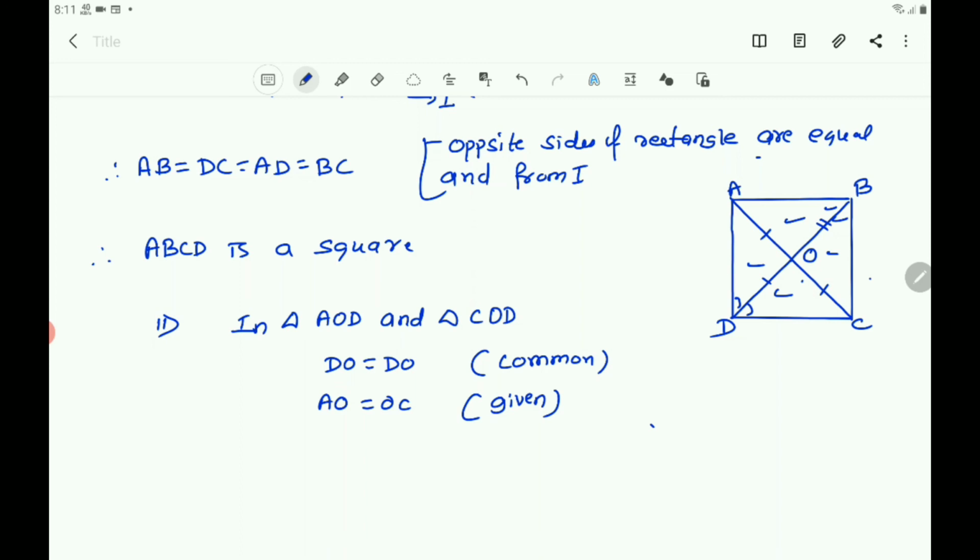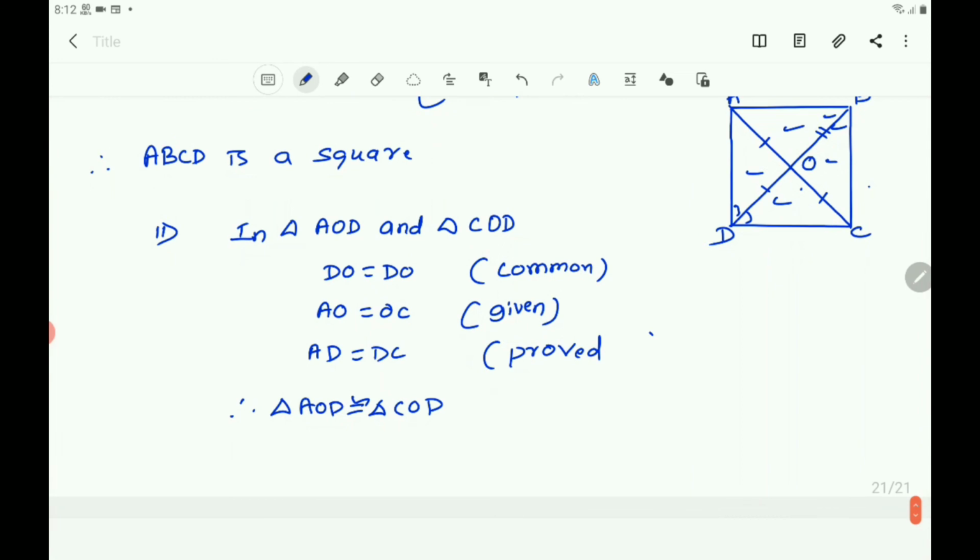And also AD equals DC, that is proved. Therefore, triangle AOD is congruent to triangle COD. According to which congruence rule? SSS Congruence Rule.